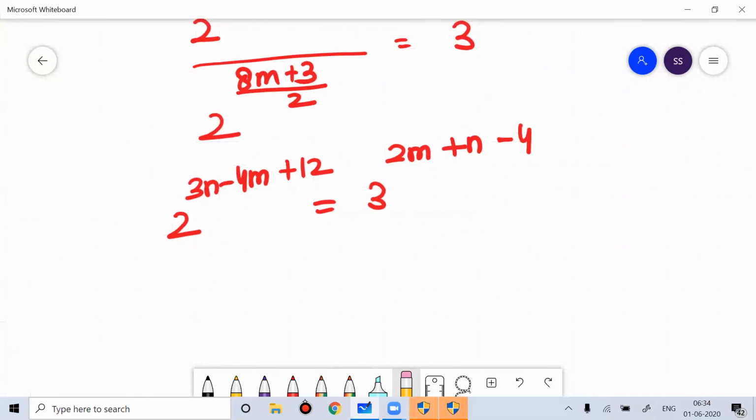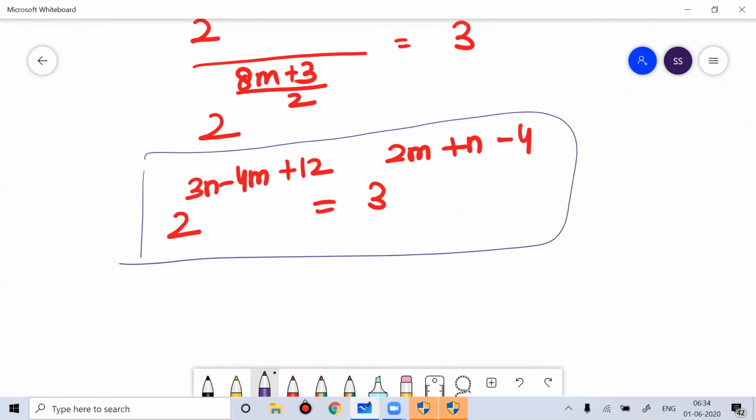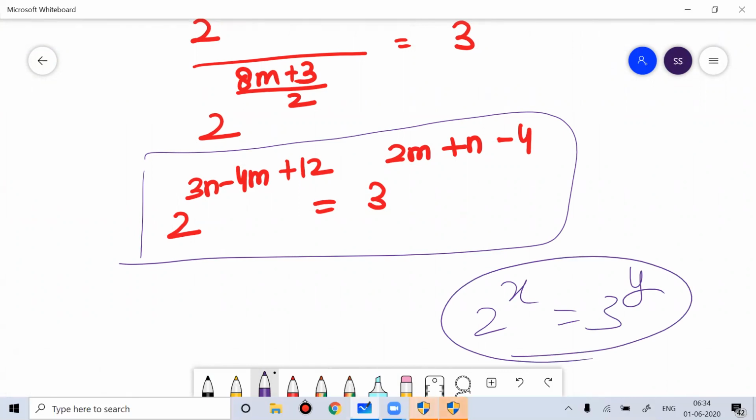So ultimately I got this relation. So you know the basic maths. You know that 2 to the power x, can that be equal to 3 to the power y? Is this possible? One year, a question came based on this concept, I think 2018 only.